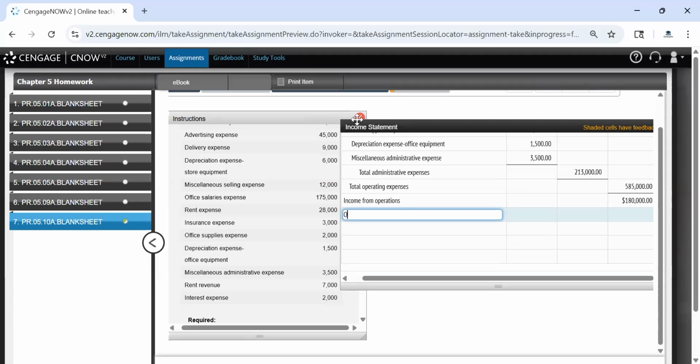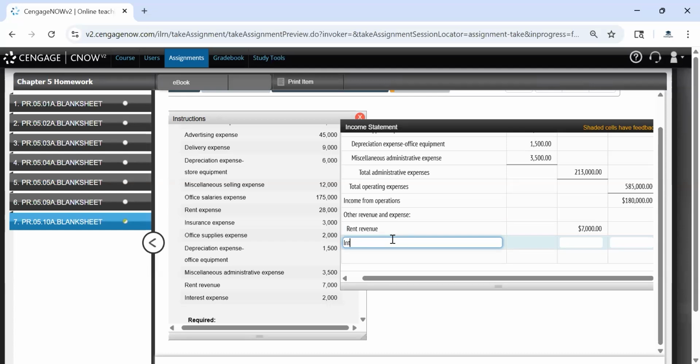Now we're going to go through our other revenue and expense. First one being rent revenue of $7,000 and interest expense of $2,000.